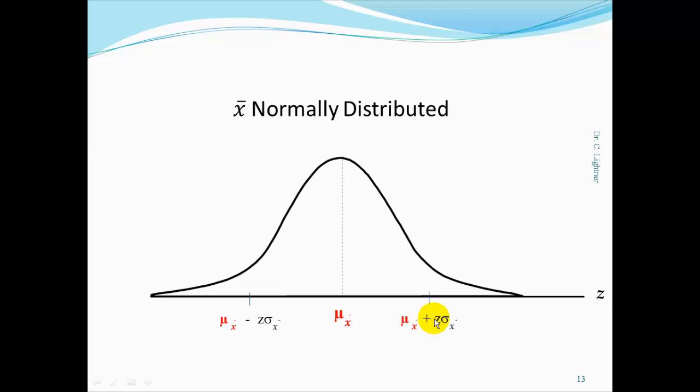If we have the positive and negative of a z-score, then these two formulas would represent the corresponding x bar values for these z-scores.